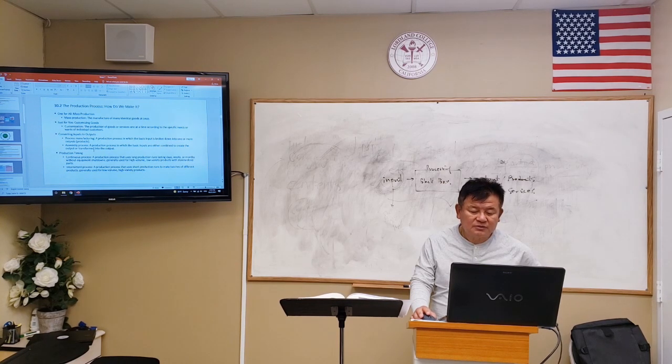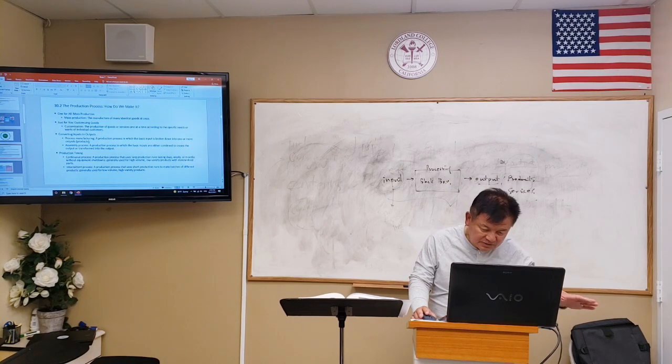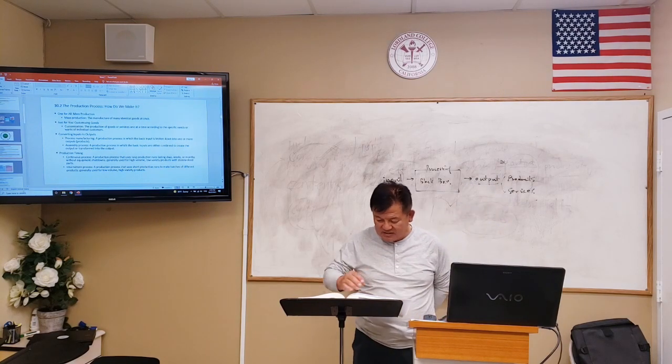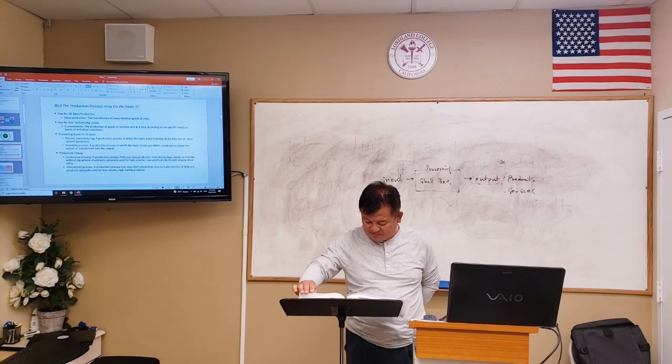Then the assembly process, as we know, the assembly belt line, assembly line: a production process in which the basic inputs are either combined to create the output or transformed into the output. So process manufacturing or assembly process. This is for converting input to output. Okay, this is an easy concept.